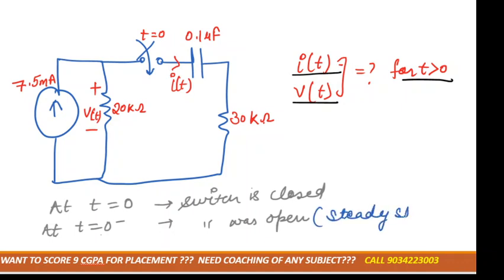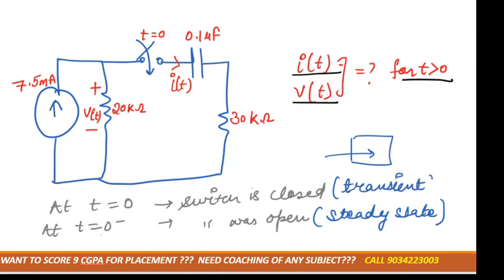Steady state means there is no change in the switches. Suppose you enter a room, and when you enter you switch on the fan. That moment when you switch on the fan is the transient condition, because you change the switch. Before that there is no change, that was steady state.